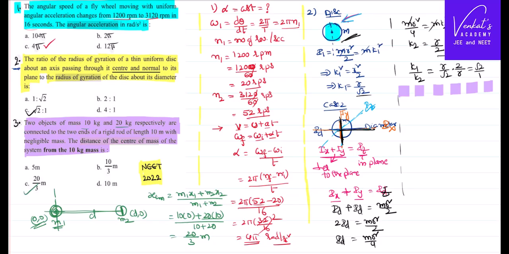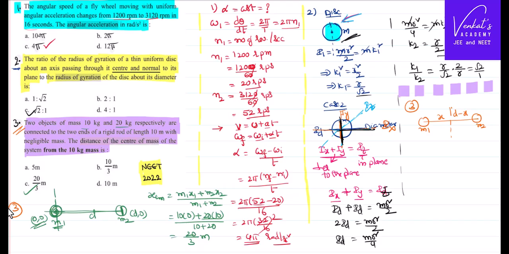Anyway, there is another way to solve this problem. I will solve this third problem in another way too. There is m1, there is m2, the center of mass is somewhere at a distance x, so this distance becomes d minus x.